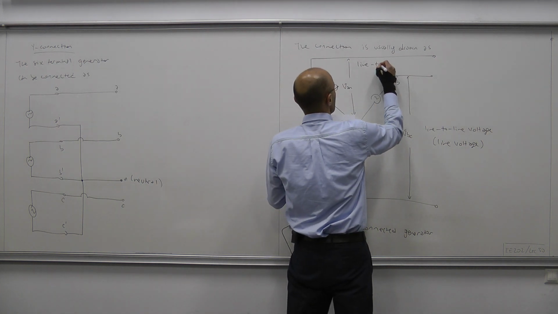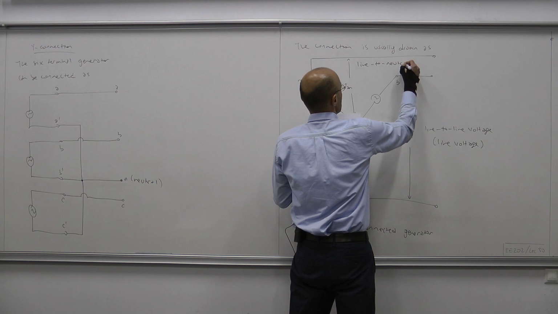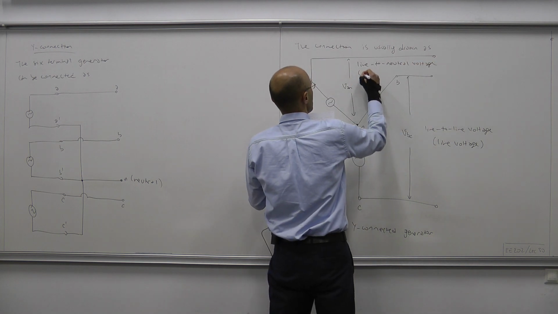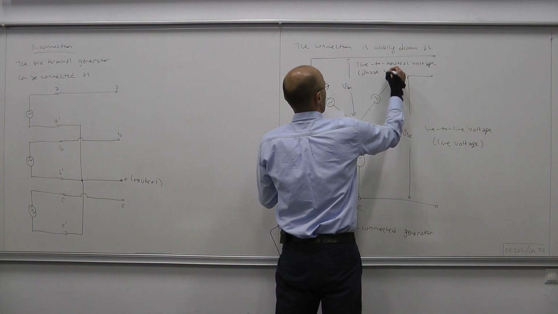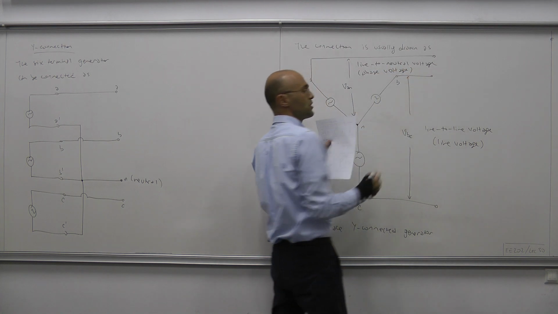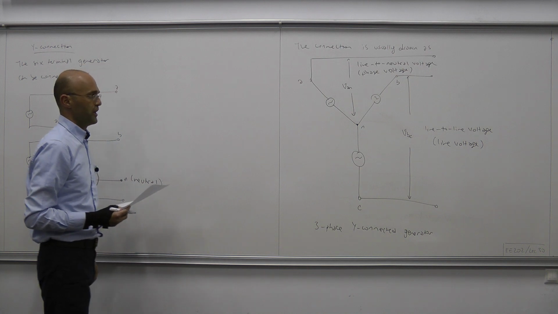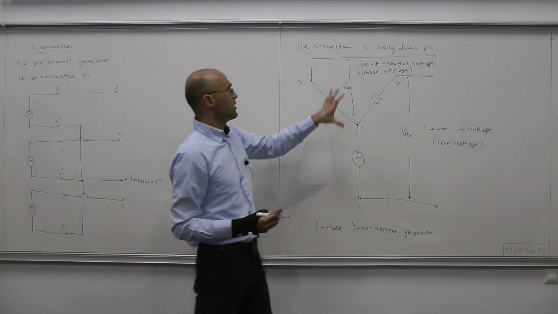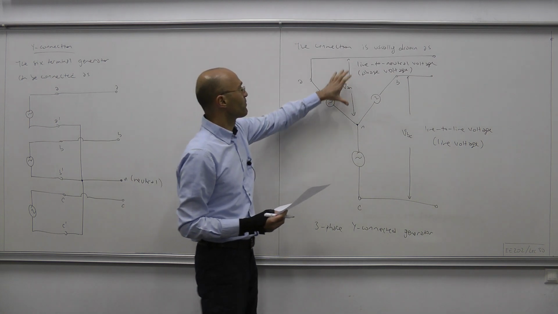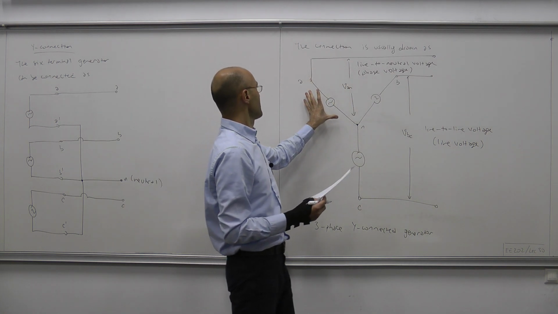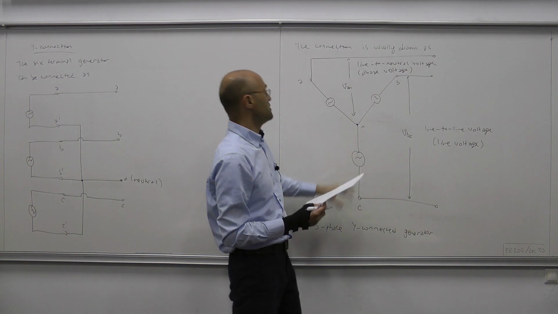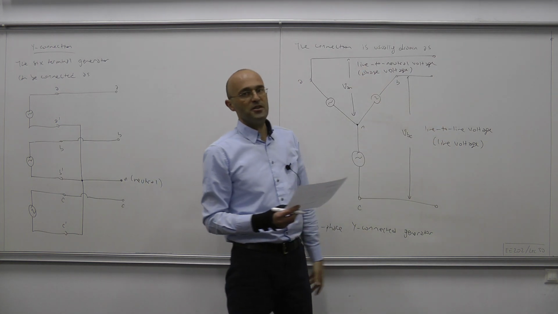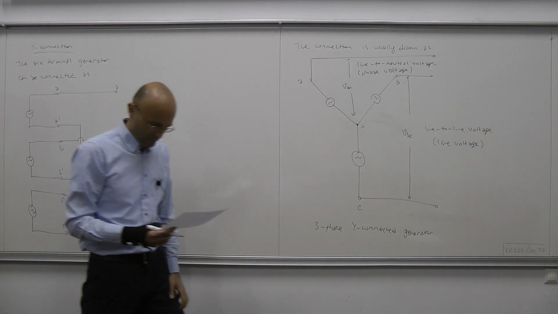Line to neutral. Okay, or sometimes the phase voltage for the source, for the generator. Okay, now let's figure out the relation between the phase voltages, okay, VAN, VBN, VCN, and the line-to-line voltages, okay, VAB, VBC, and VCA.